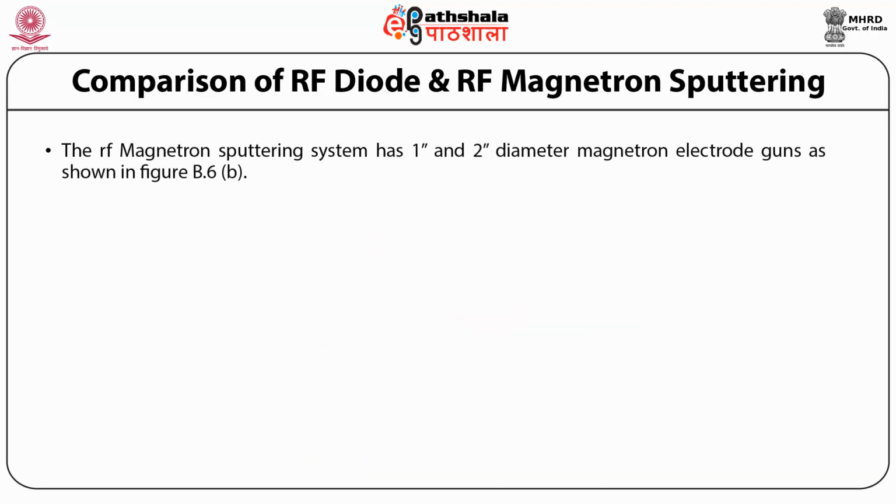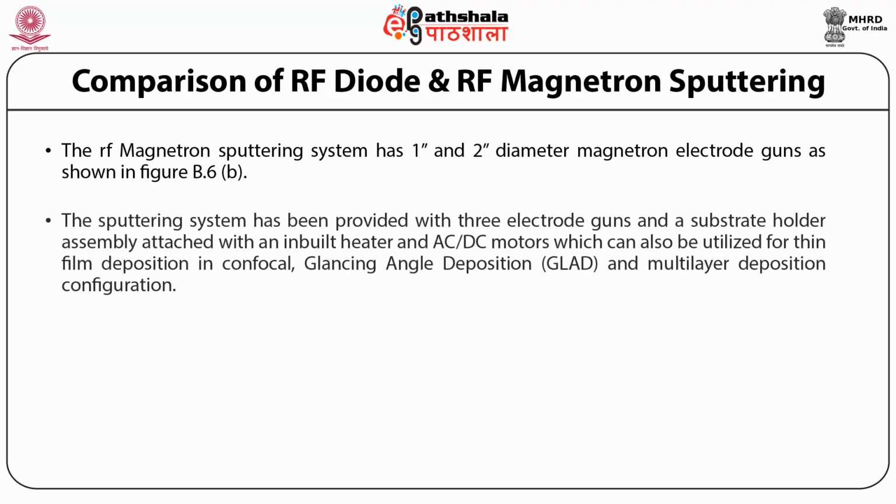The RF magnetron sputtering system has 1 inch and 2 inch diameter magnetron electrode guns as shown in figure B given above. The sputtering system has been provided with 3 electrode guns and a substrate holder assembly attached with an inbuilt heater and AC-DC motors, which can be utilized for thin film deposition in confocal, glancing angle deposition, GLAD, and multilayer deposition configurations.